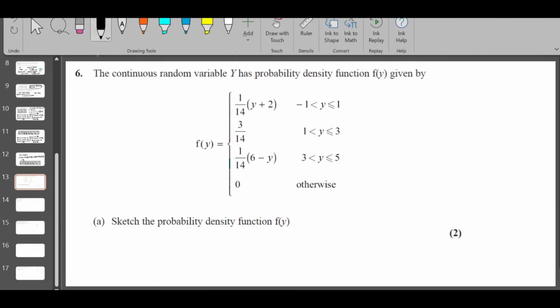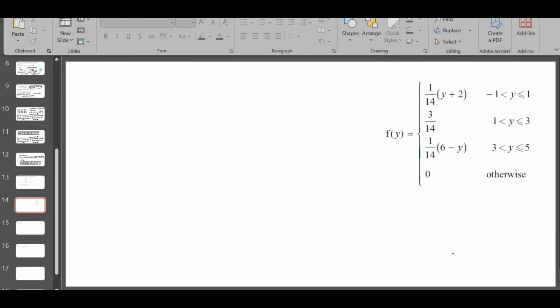The continuous random variable has probability density function PDF given here. Sketch the probability density function. I'm going to just take the function alone. You need to find the function values at -1, 1, 3 and 5.